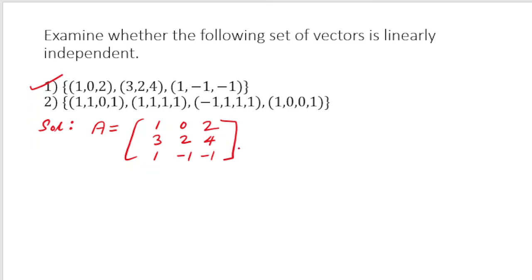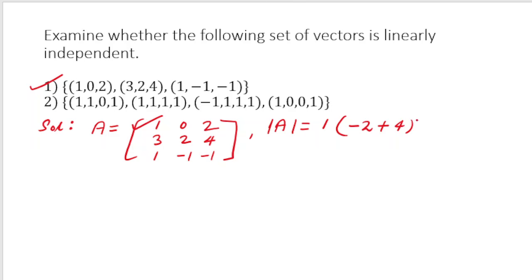Since this is a square matrix, we can find its determinant, and if the determinant is equal to 0, it will be dependent. If the determinant is not equal to 0, it will be independent. So let us evaluate the determinant. I am expanding it about the first row. So 2 into -1 is equal to -2, and +4.